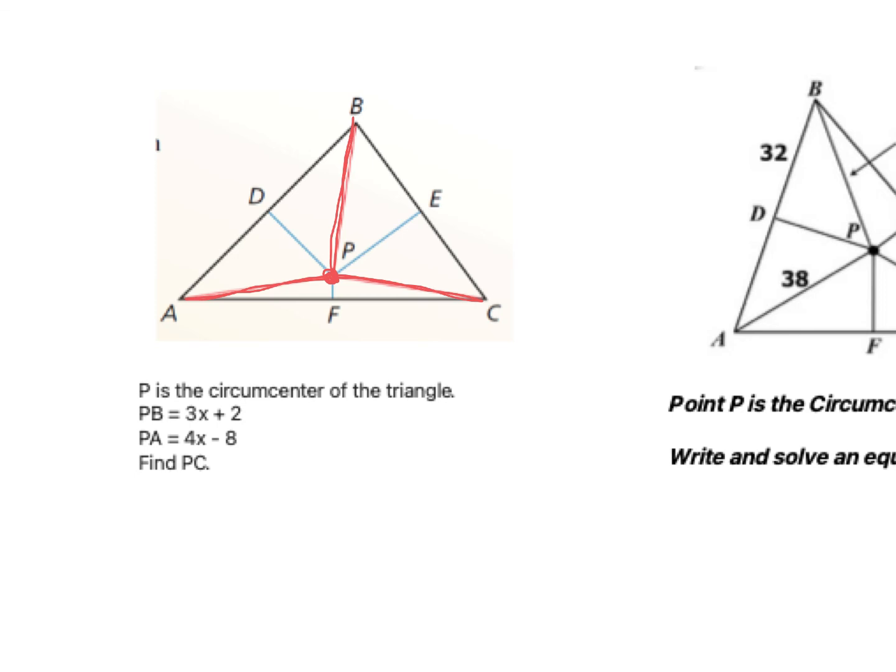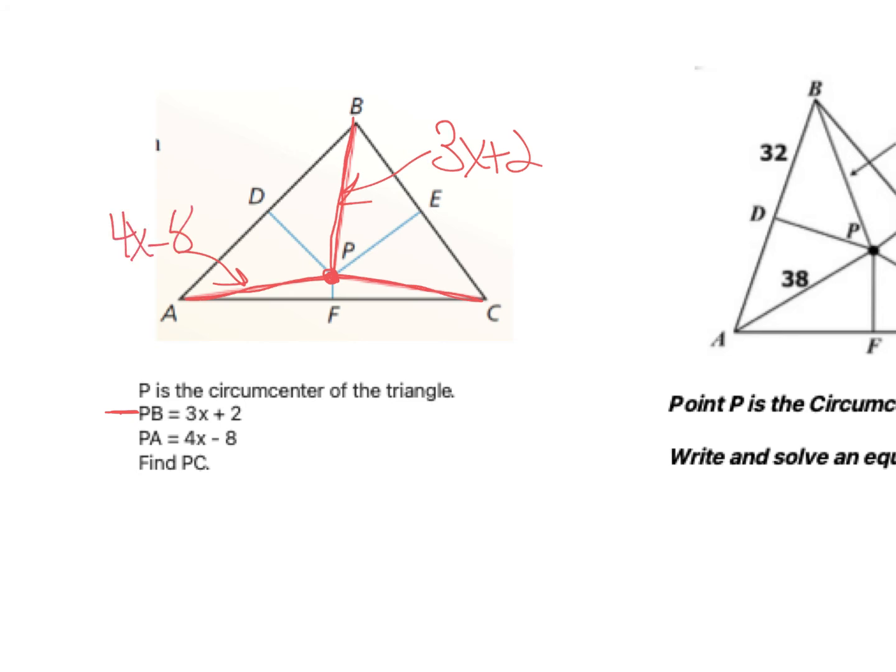If it tells me that PB equals 3x plus 2, so PB, that's this one right here, is 3x plus 2. And PA, that's this one right here, is 4x minus 8.